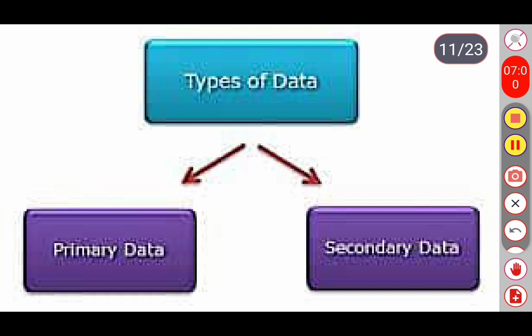The data you are getting at present is called primary data. It means the number of students in a particular classroom, the number of boys in the classroom, the number of girls in the classroom, number of benches, number of windows, number of boards, number of doors. So these all belong to primary data.